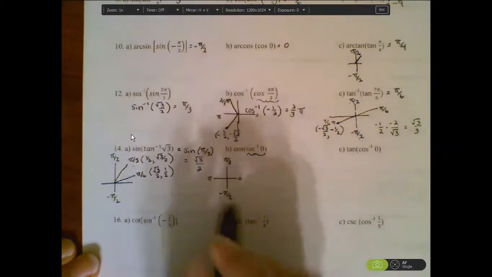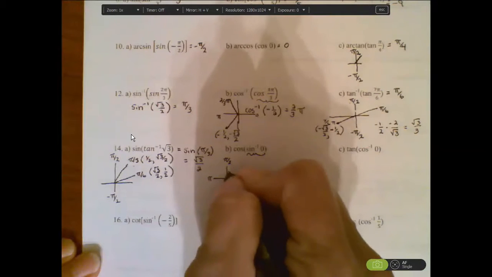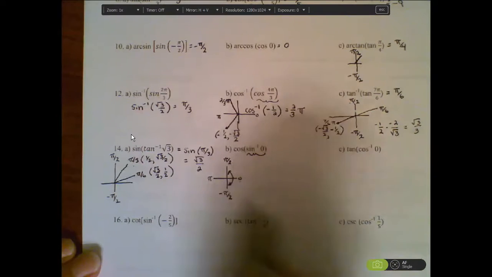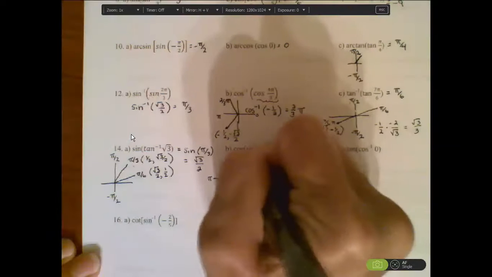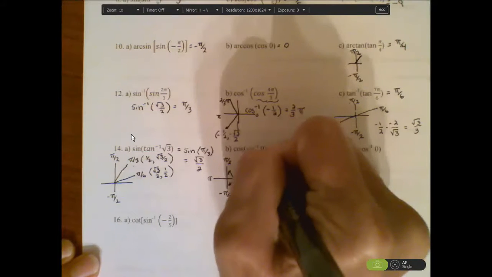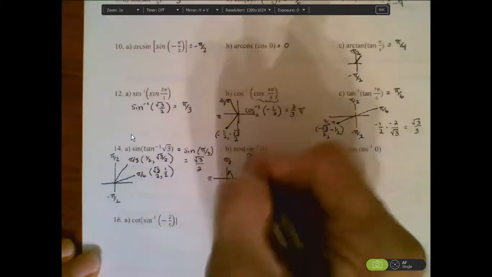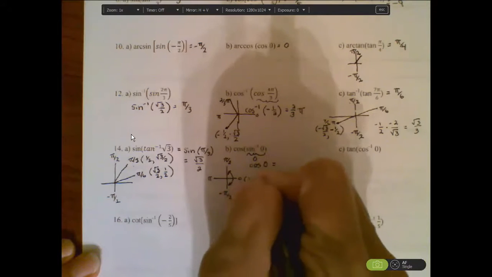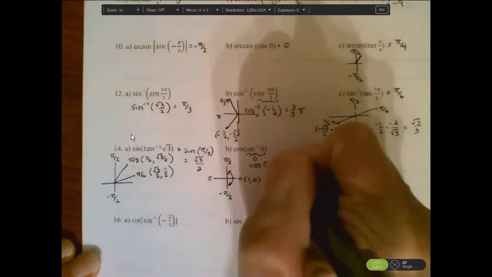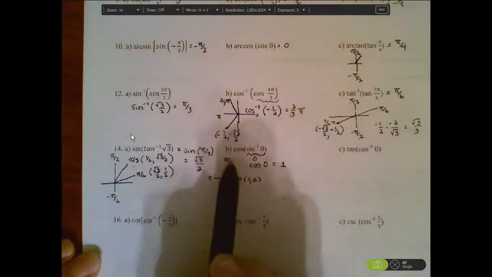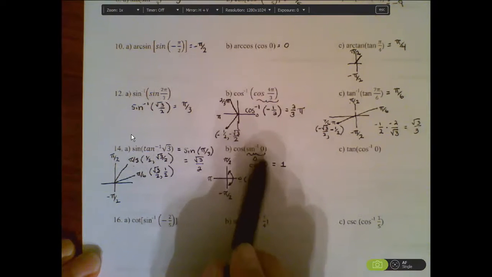So the angle whose sine is 0 in this interval is 0 radians. So I'm looking for cosine of 0 radians, and cosine of 0 radians is the x coordinate of this ordered pair at 0 radians. Cosine of 0 is 1. So the cosine of the angle whose sine is 0 is 1.